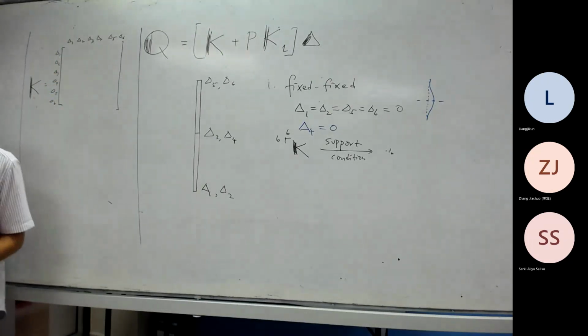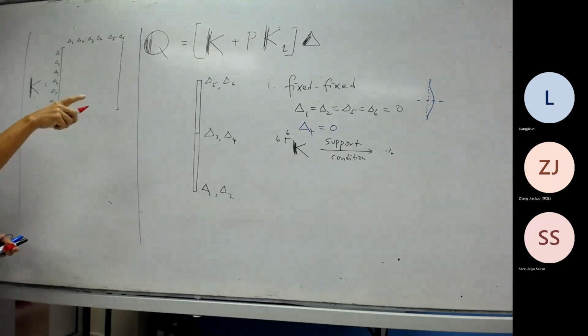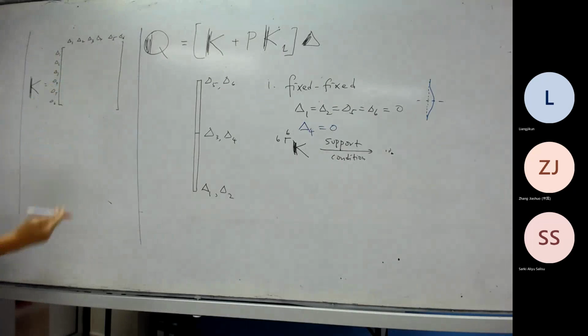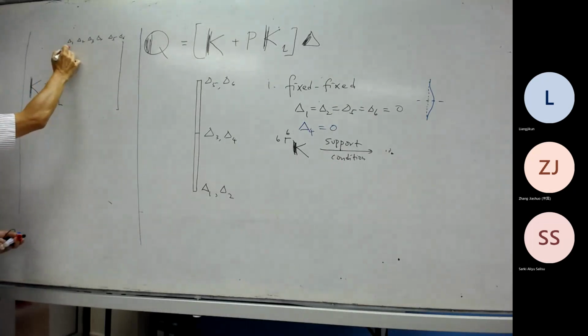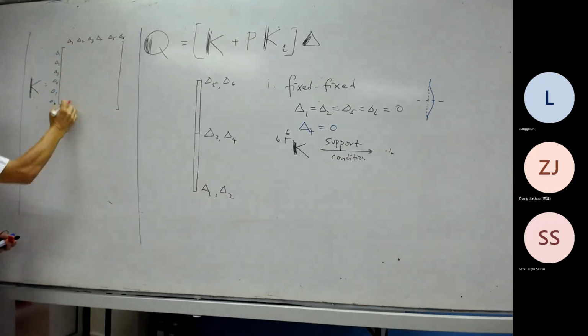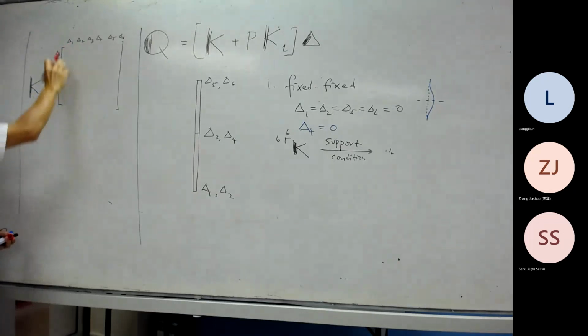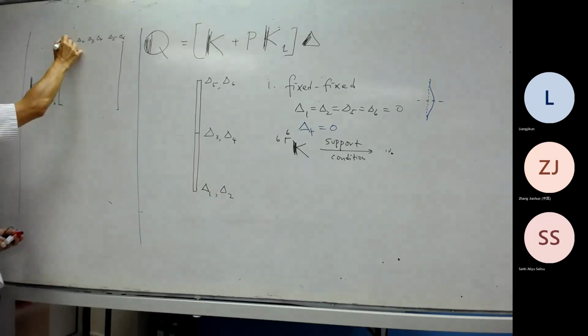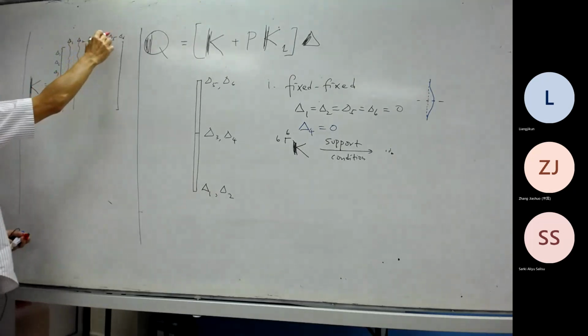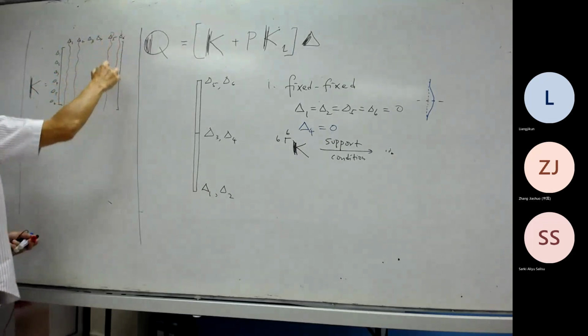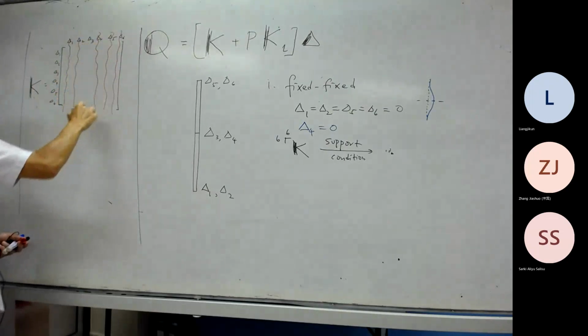So when you consider support conditions, delta 1, delta 2, delta 5, delta 6 are 0, delta 4 also 0, so all the columns which are related to delta 1, you delete this one, delete it, delete, and also delete number 4.